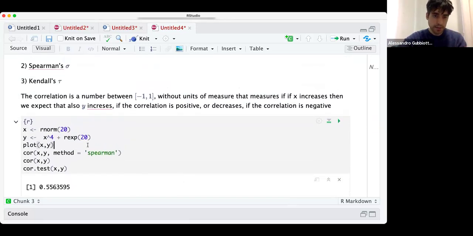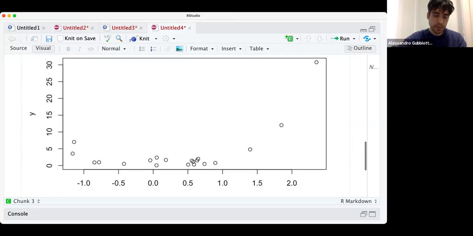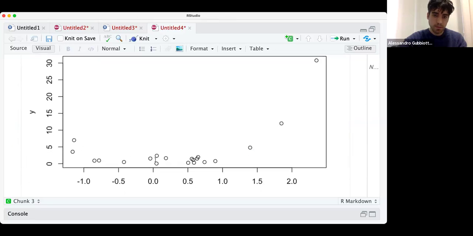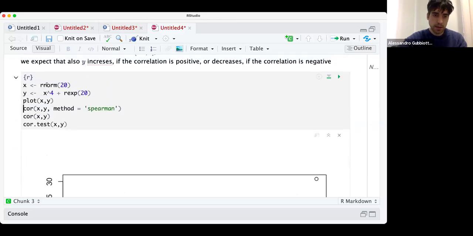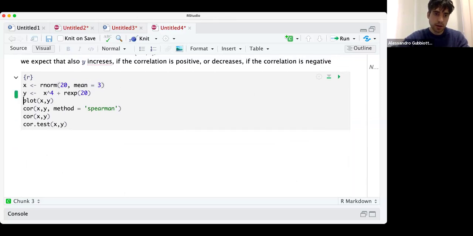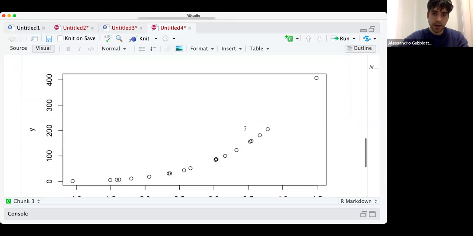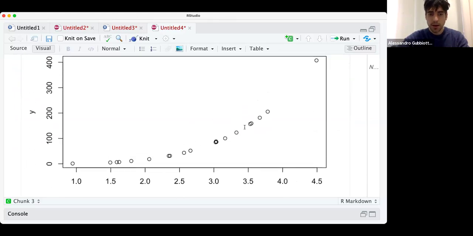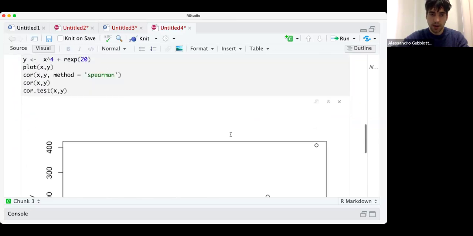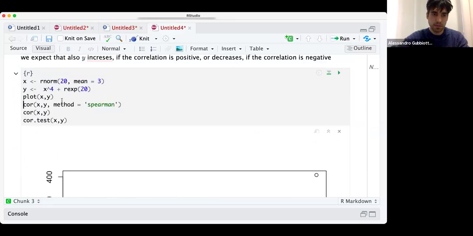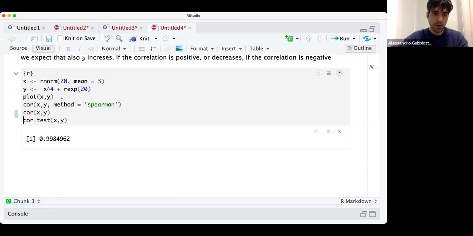I don't know why. Okay, probably let me take a mean, which is like 3. So now the quadratic behavior should be more clear. Yes. Let's try to see both.